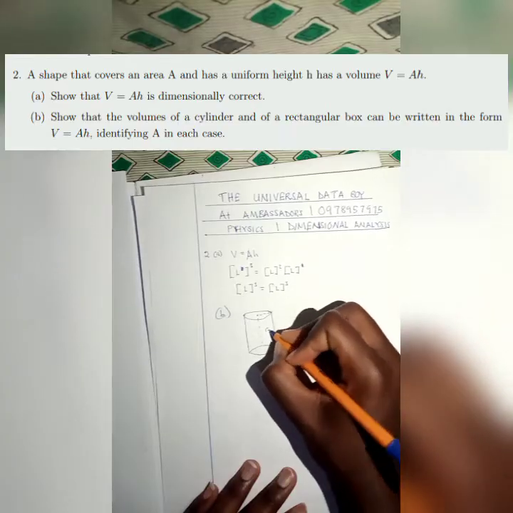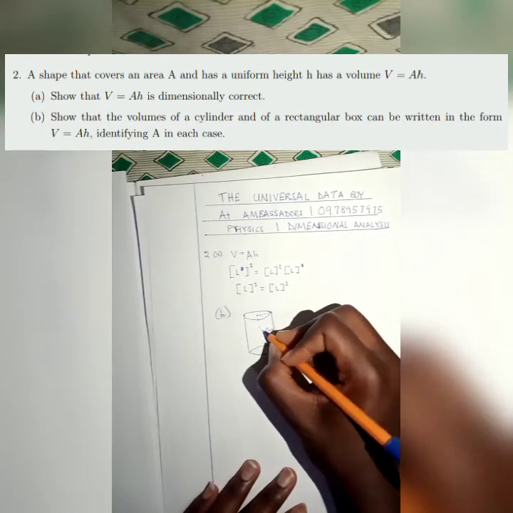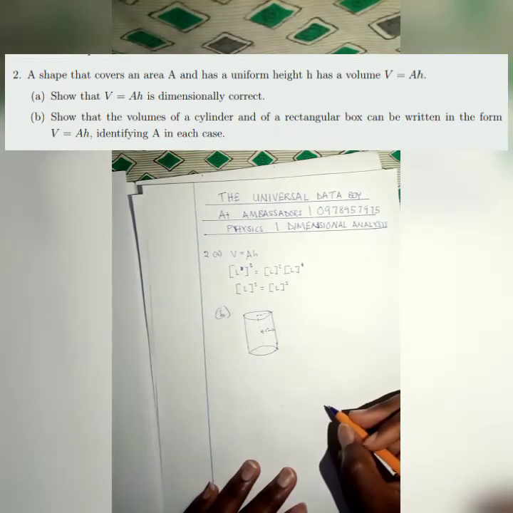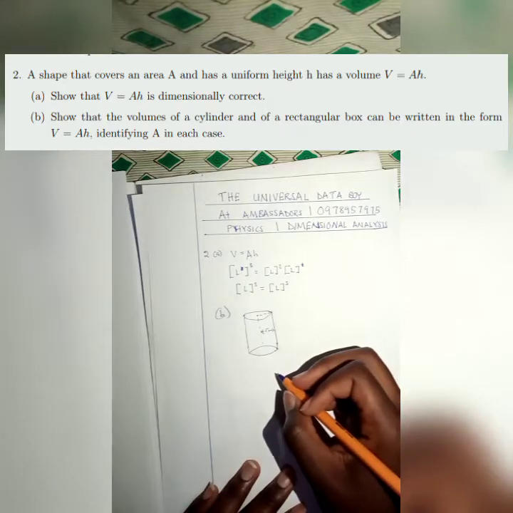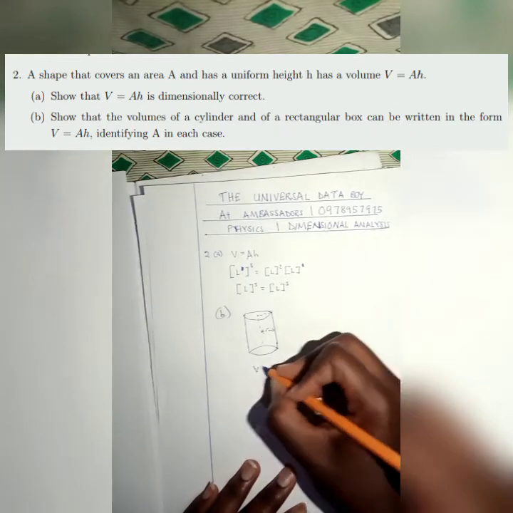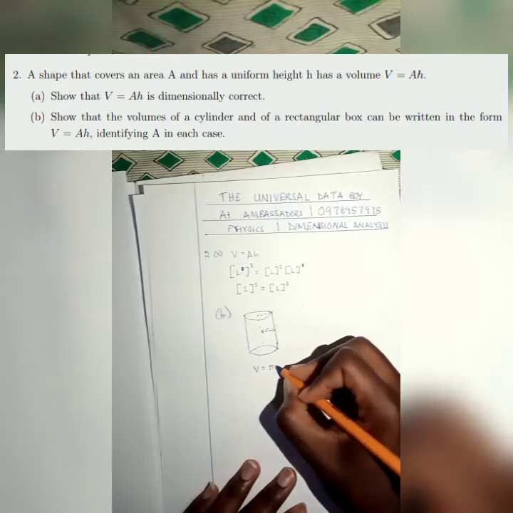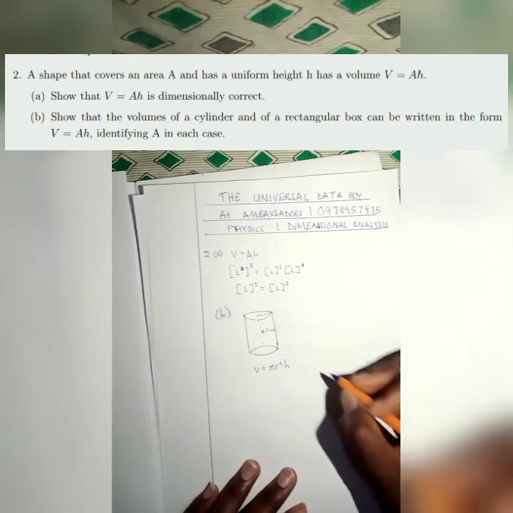This is the radius, and this is the height. To find the volume of the cylinder, we say volume is equal to pi r squared times height.